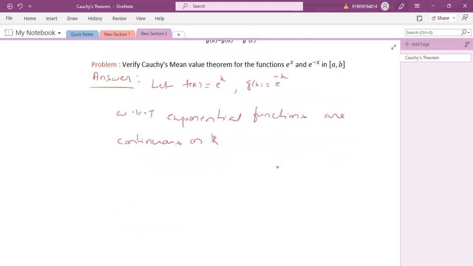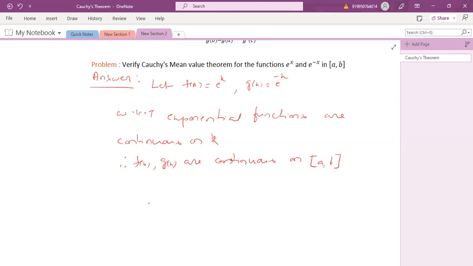Therefore, these two functions f of x and g of x are continuous on the real line.